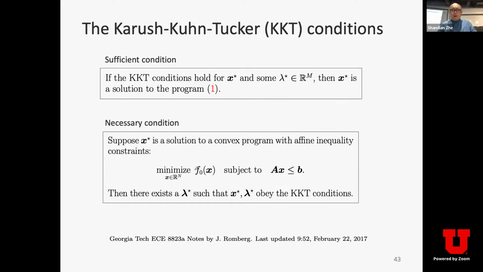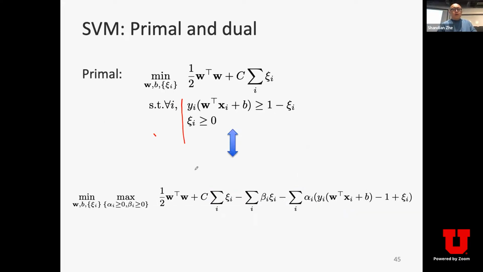Okay. So now, since we know that for SVM the constraints are affine or linear constraints, we know that for any solution you can find corresponding Lagrange multipliers.